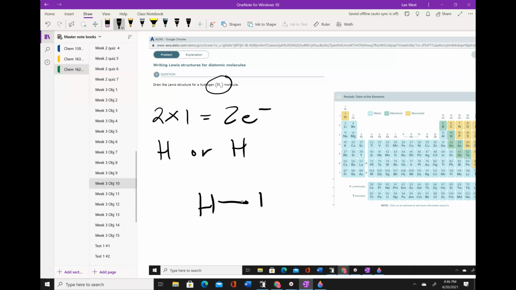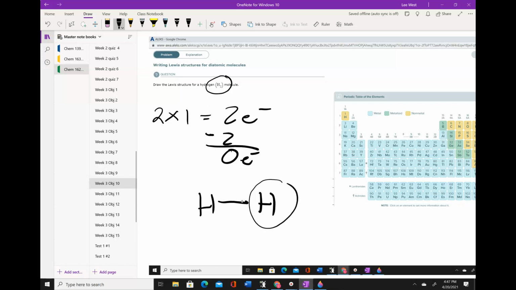And then I have to attach my outer atoms by a single bond. And there we go. And then you need to eliminate the electrons used to construct those bonds. So I have no electrons left. Then I complete my octets on my outer atoms. Well, this is my outer atom and he's already completed his octet.